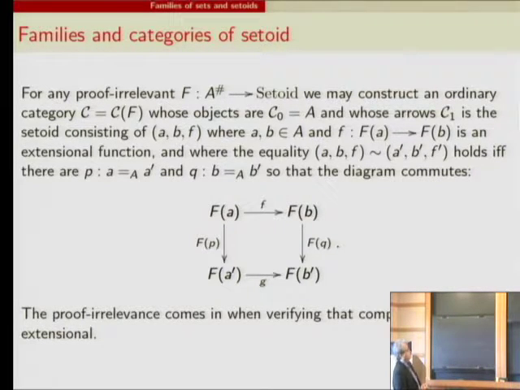Then equality between two such will be that we require the domains and codomains to be equal, and that the unique mediating function here will give rise to a commuting diagram. And the proof elements come in exactly when verifying that composition is extensional.